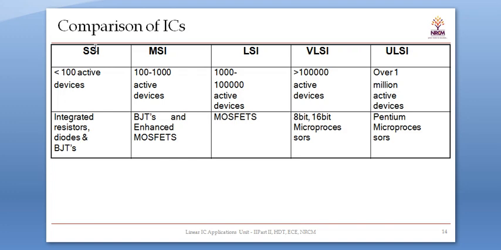Here 100 to 1000 active devices are manufactured on an MSI chip, while 1000 to 10,000 active devices were manufactured in LSI, and in the VLSI more than 1 lakh active devices are used for manufacturing on the IC. Over 1 million active devices are manufactured in the ULSI.